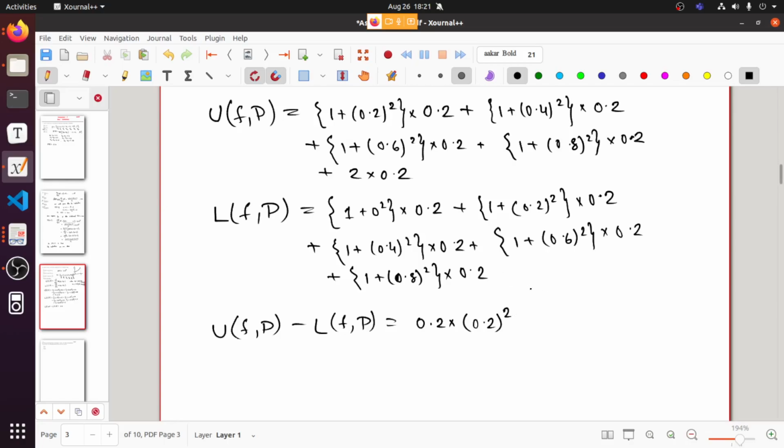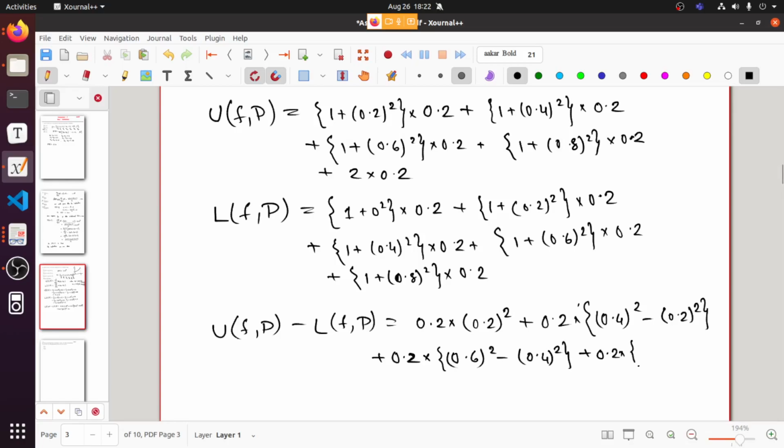For the next, you will get 0.2 into 0.4 square minus 0.2 whole square, right? And for the next you will get again 0.2 into 0.6 whole square minus 0.4 whole square, right? Plus again 0.2 into 0.8 whole square minus 0.6 whole square.